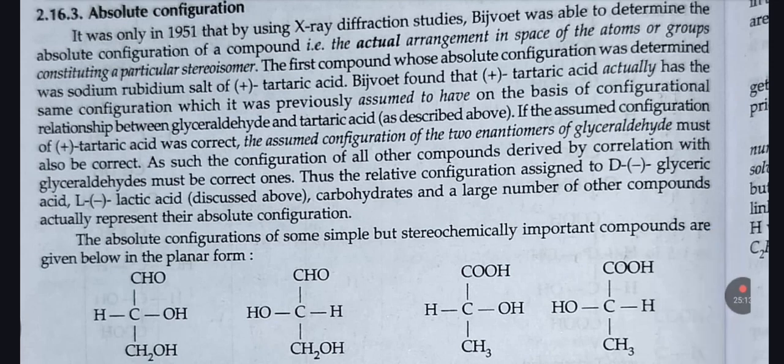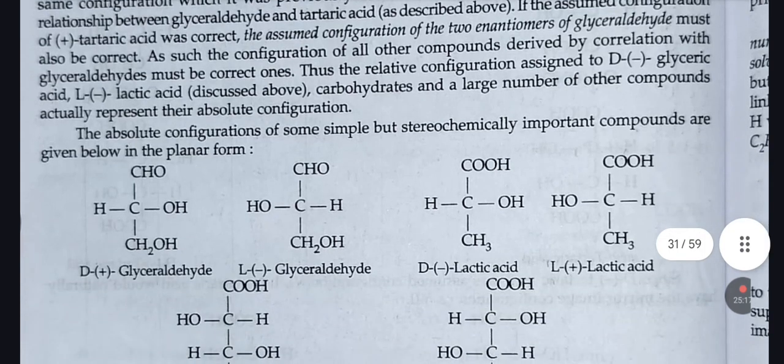Thus, the relative configurations assigned to D negative glyceric acid, L negative lactic acid, carbohydrates, and a large number of other compounds actually represent their absolute configurations. The absolute configurations of some simple but stereochemically important compounds are given below in planar form.